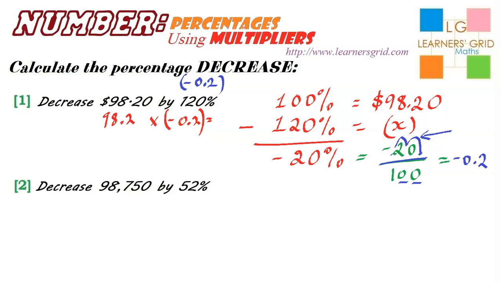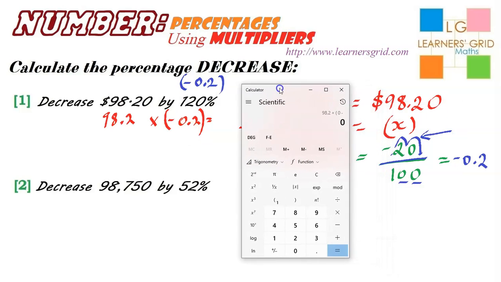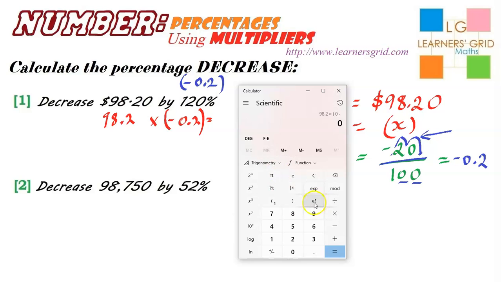So let's use the calculator. Make sure I've got a scientific calculator. Let's clear it all. 98.2 multiplied, brackets, minus 0.2. Close the brackets. And what do we get? Minus 19.64.